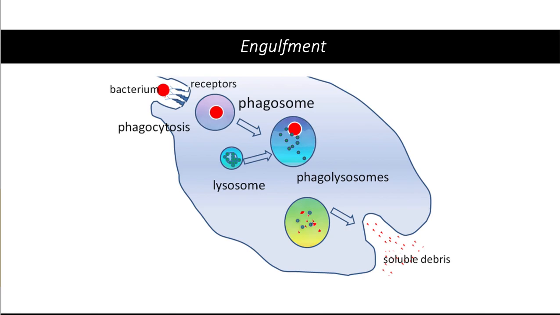The phagosome then fuses with lysosomes, resulting in the discharge of lysosomal contents into the phagolysosome. During the process, the phagocyte also may release some granule contents into the extracellular space, thereby damaging innocent bystander normal cells.